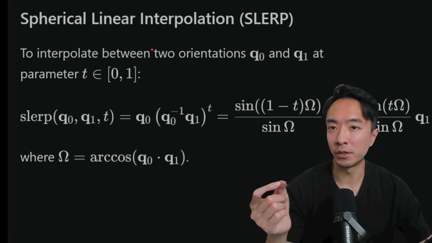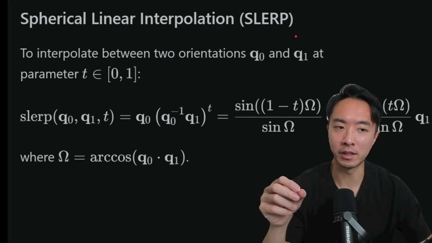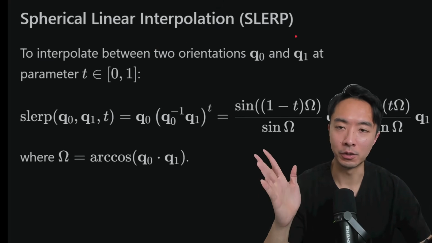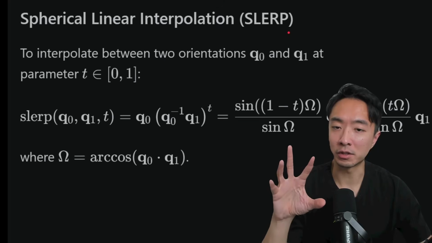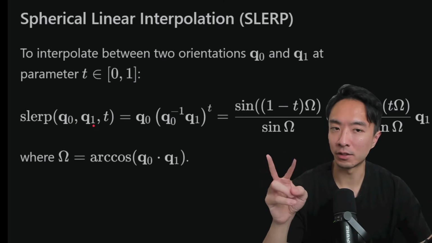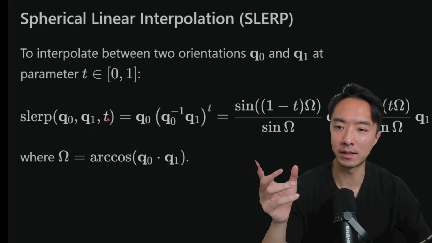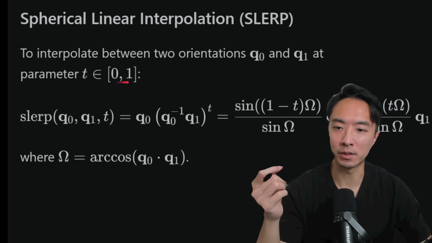For spherical linear interpolation, or SLERP, one nice property of the quaternion is that when you do interpolation, unlike Euler angles, where sometimes you'll have some discontinuity, with quaternions it makes it really nice. You can think of SLERP as taking two quaternions, Q0, Q1, and some parameter t that goes between 0 and 1.